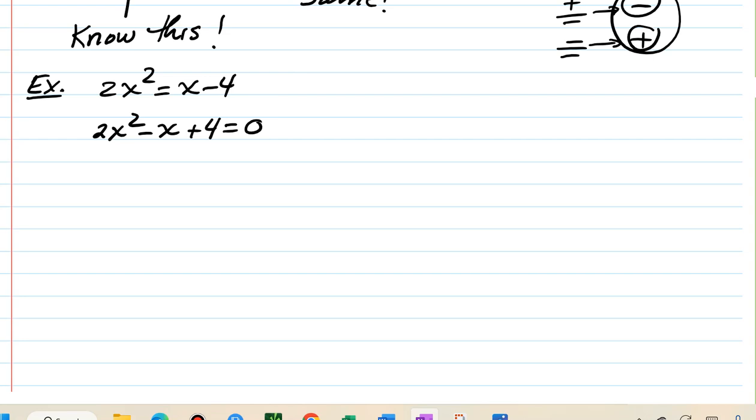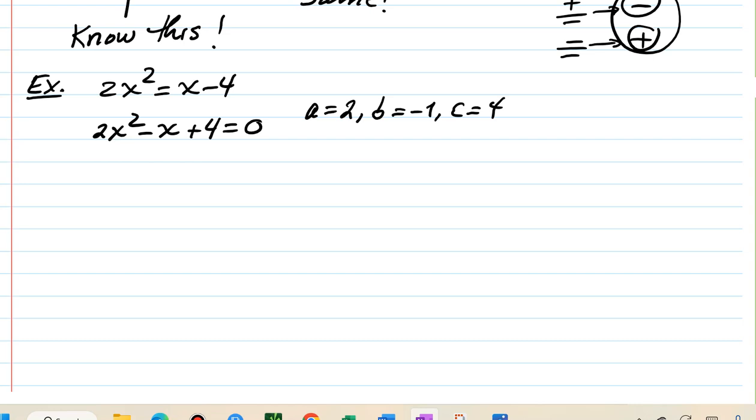That's not c, the constant. Constant is actually 4. Remember, it has to be 0. So let's identify our a, b, c. a is 2, b is negative 1, and c is 4. Here's a, b, and c. Remember, those are the numbers before the variable, and c the constant.